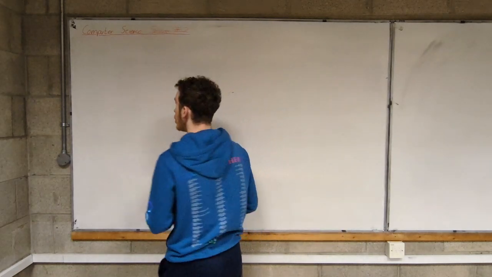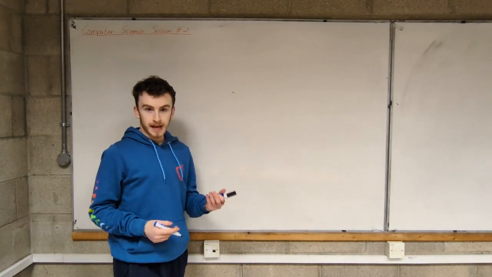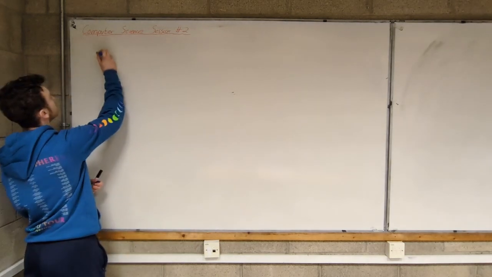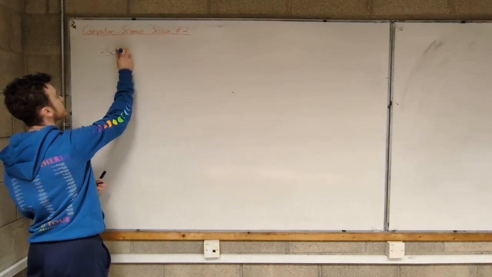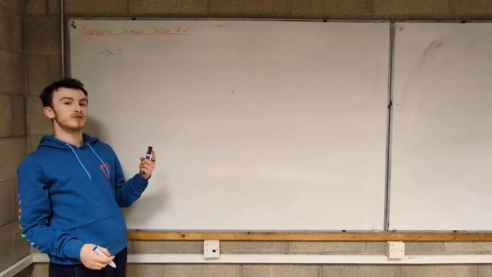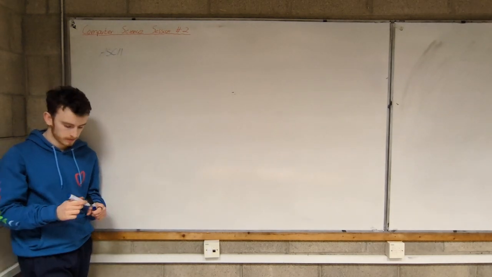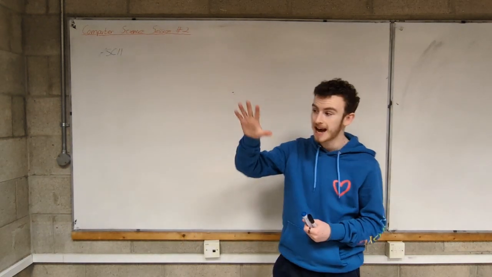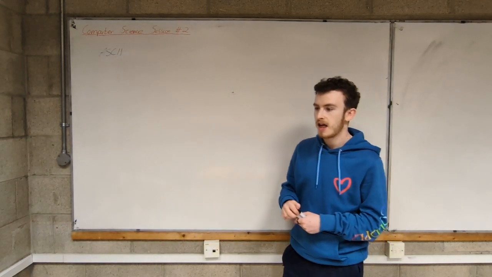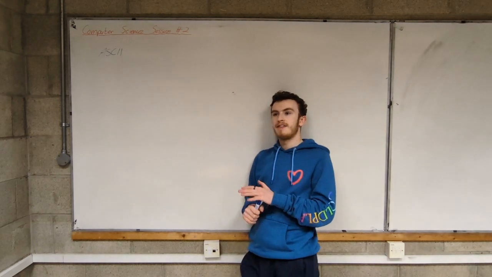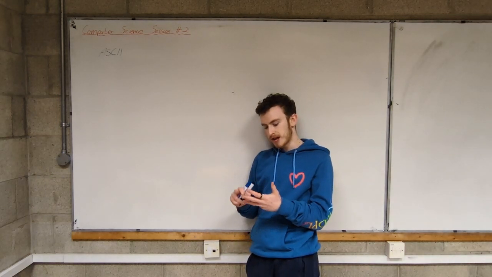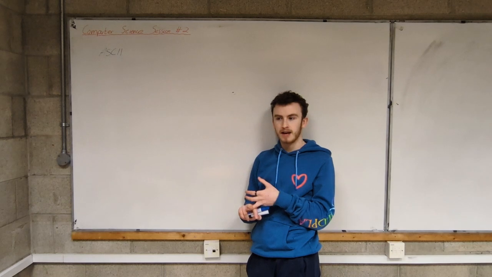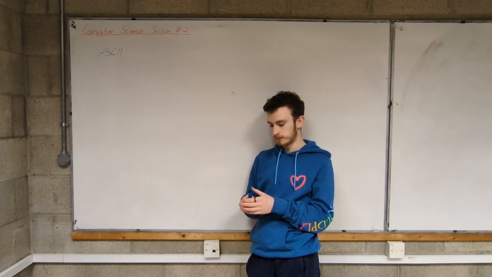So, a group of people came together and formed ASCII, the American Standards Code for Information Interchange. Essentially, they came up with this big database that mapped all the numbers and all the letters and gave them a special code.